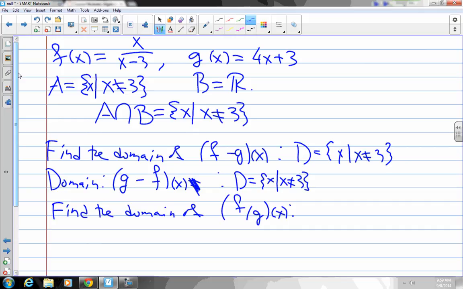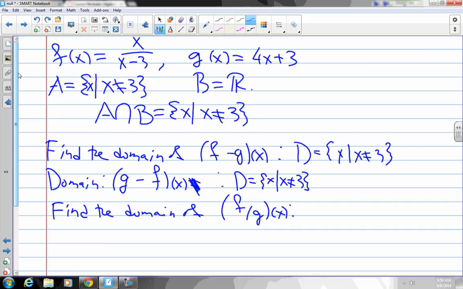Which function is in the denominator? g. So I just have to make sure g does not equal 0. Look at g, 4x plus 3. When does g equal 0? Negative 3/4, right? So that's the extra number I need to avoid.